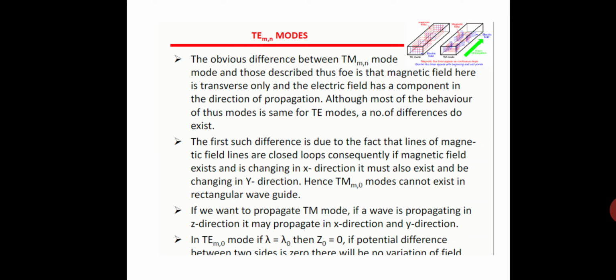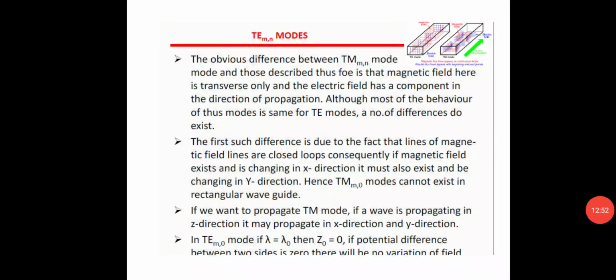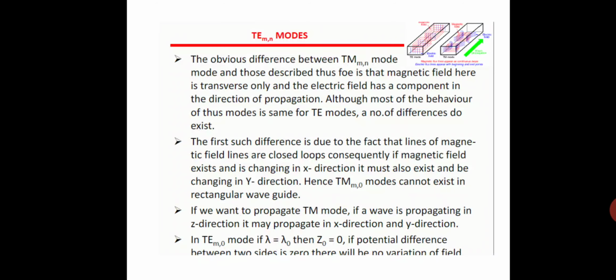Since TM0 modes cannot exist in a rectangular waveguide, if a wave is propagating in the z direction, it may propagate in the x direction and y direction. In TE0 modes, if λ equals λ0, then Z0 equals 0. If the potential difference between two sides is 0, there will be no variation of field.